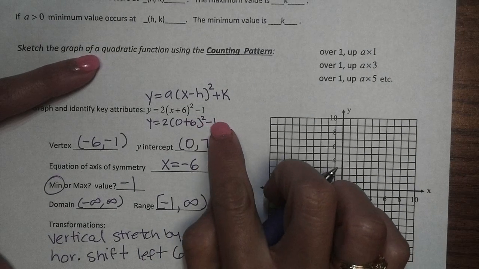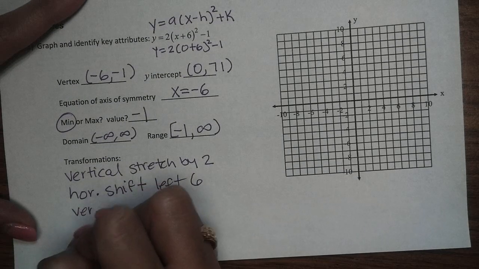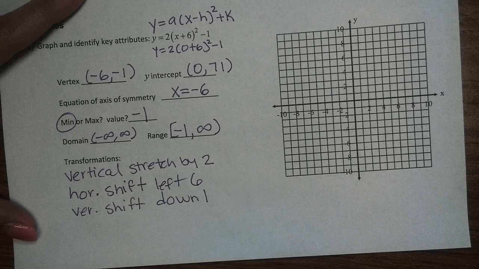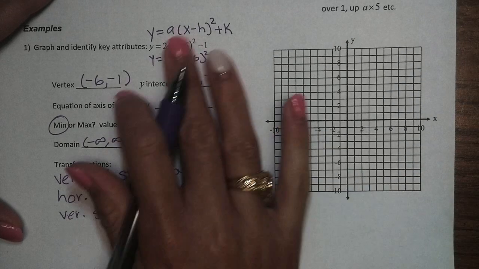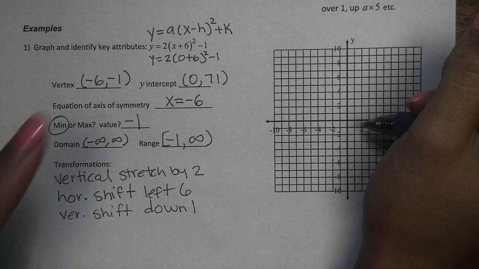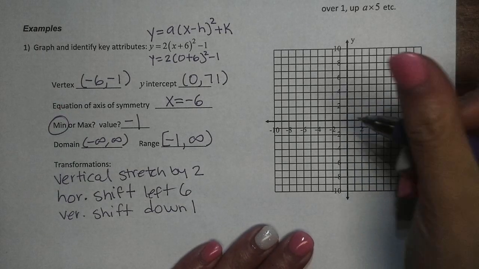And because of the -1, there is a vertical shift down 1. So now we're going to go ahead and apply all that so we can graph it. The first thing that I do for graphing is graph the vertex, -6 comma -1.